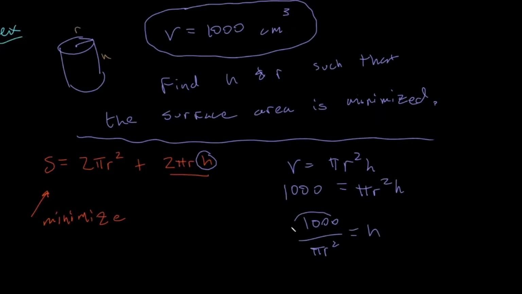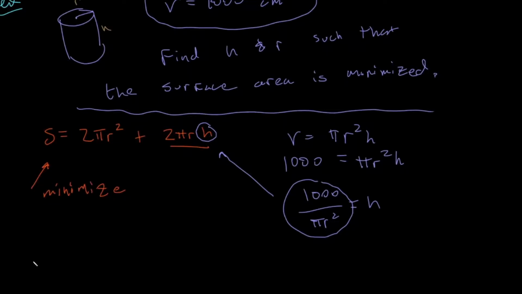So I'm going to put this here and let's see what we've got. I have surface area equals 2 pi r squared plus 2 pi r h. And h, given that the volume is 1,000 cubic units, must be 1,000 divided by pi r squared.